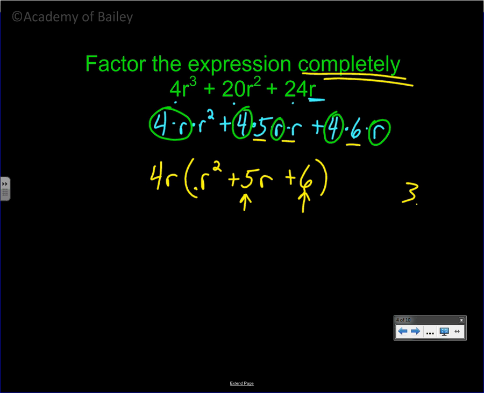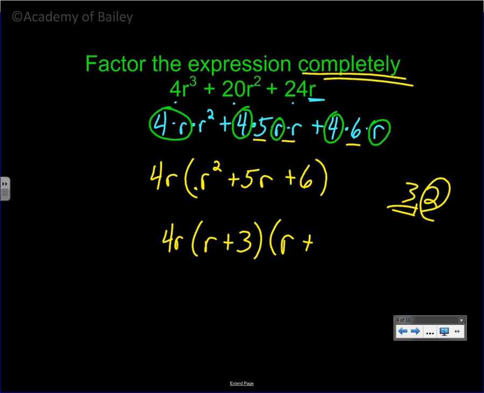Those two numbers are 3 times 2 is 6, and they add together to get 5. So therefore, we will be factoring r squared plus 5r plus 6 into r plus 3 and r plus 2. And we have factored completely here.